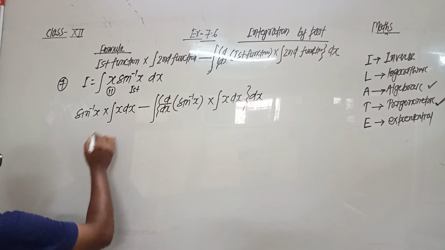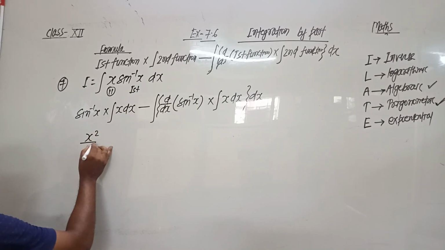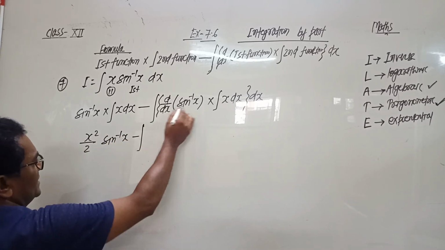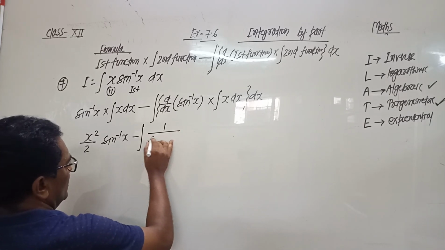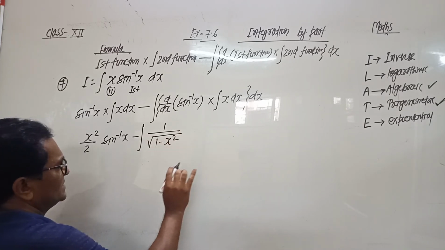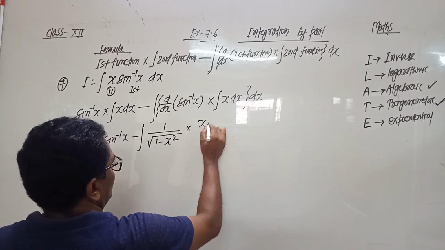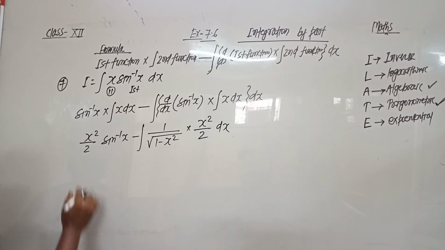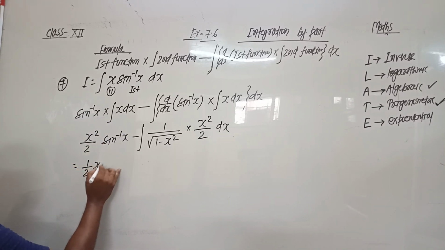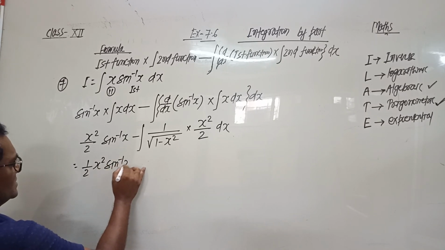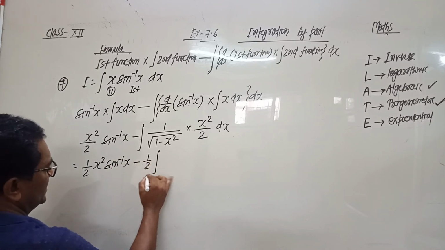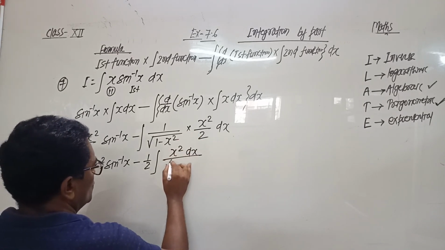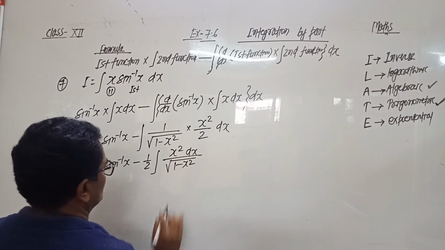So integration of x dx is x square by 2, and sine inverse x, minus integration of the differentiation of sine inverse x, 1 upon root over 1 minus x square, and integration of x dx, x square by 2, dx. Then it becomes 1 by 2 x square sine inverse x minus 1 by 2 integration of x square dx upon root over 1 minus x square.